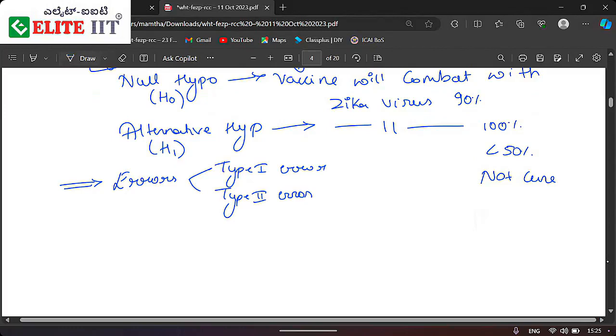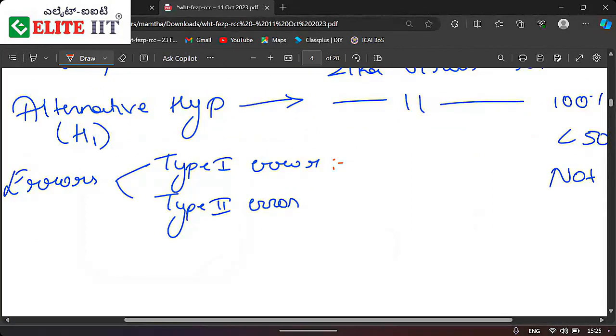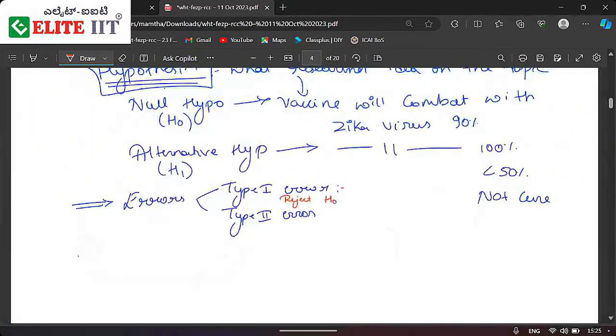This is about the result I am saying. H naught is basically the acronym we use for the null hypothesis. H1 is for the alternative hypothesis.